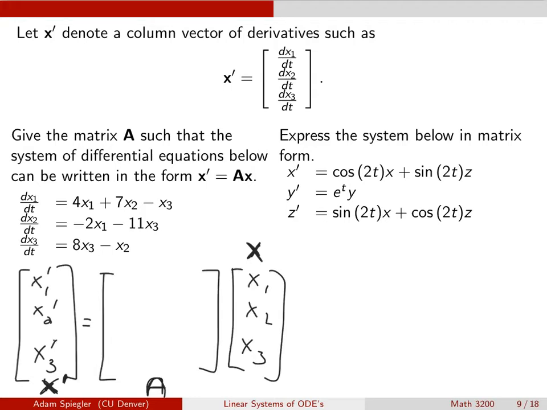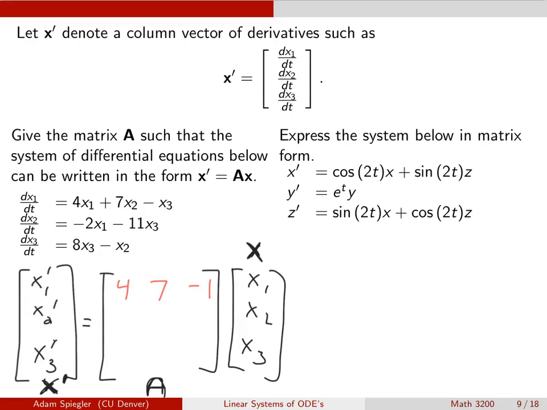And in the middle, this matrix A, what we're going to do is pull off the top row of this matrix, which is going to correspond to the coefficients in front of the dx1 dt equation up here. So in other words, I'm going to pull off the 4 in front of the x1, the 7 in front of the x2, and the -1 in front of the x3.